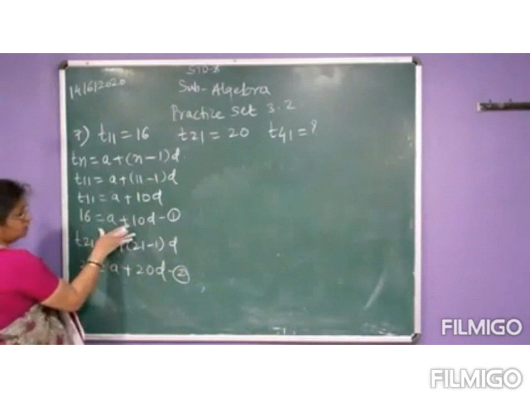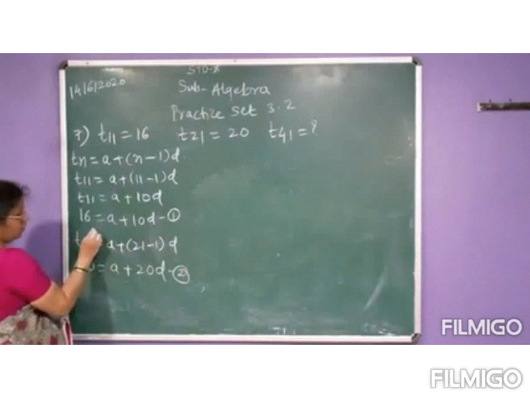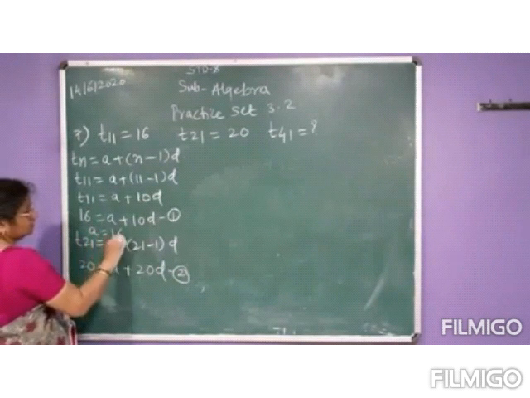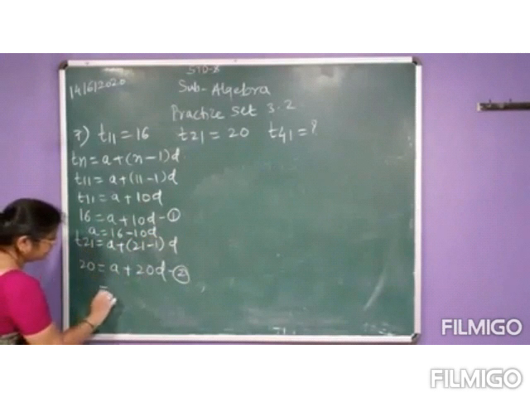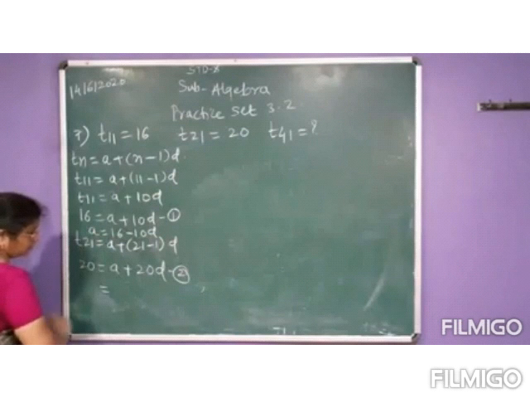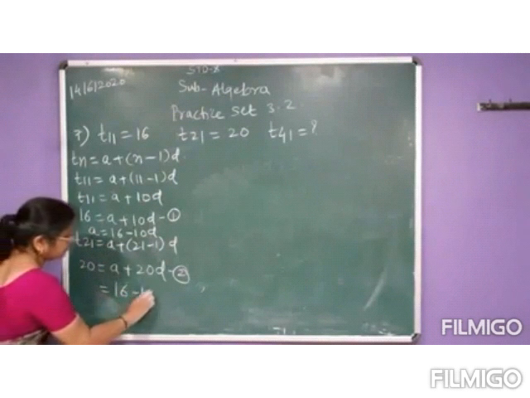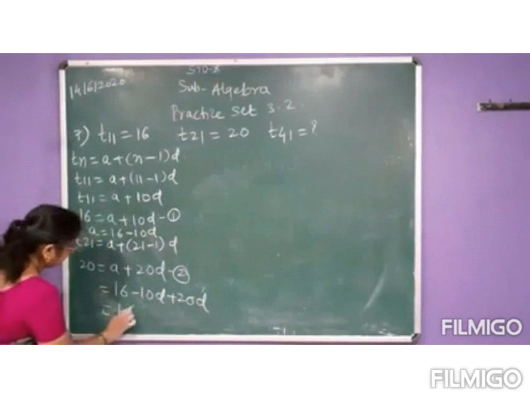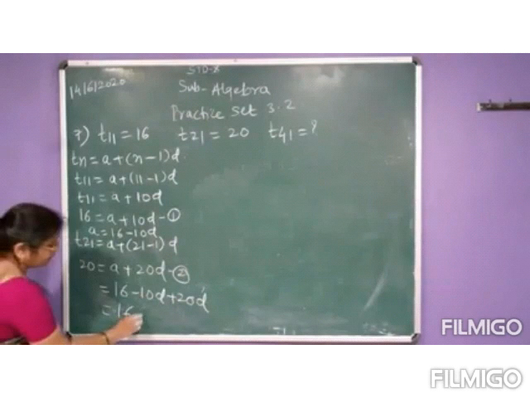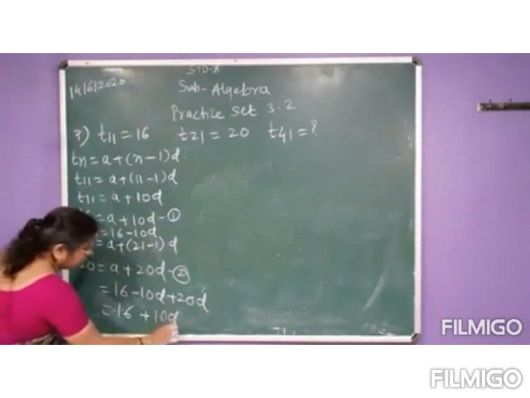Now here you can use the substitution method also. See, for substitution what you have to do? A is equal to 16 minus 10D. So if I substitute over here in equation 2, what will I get? A as 16 minus 10D plus 20D, that is 16 plus 10D, correct?